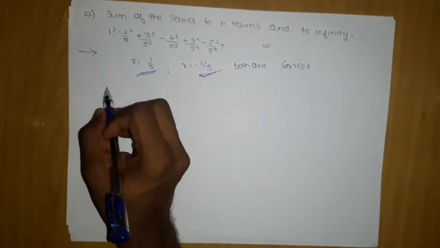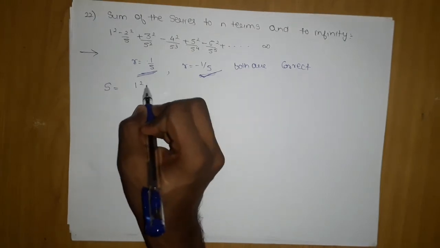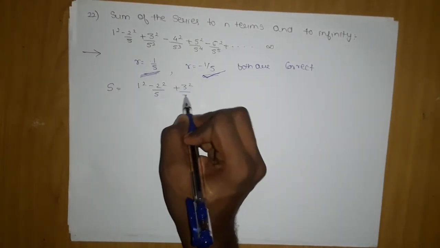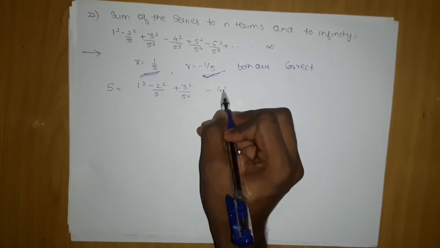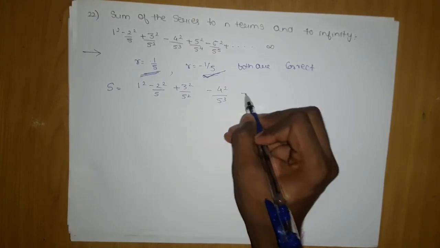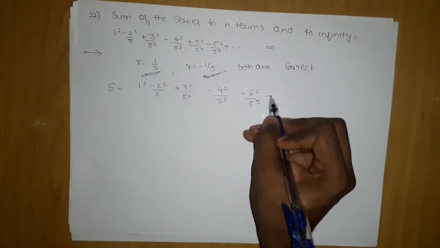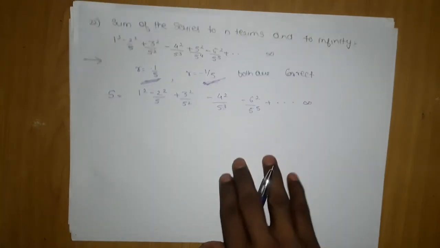So here, if I consider this as a series, 1 square minus 2 square upon 5 plus 3 square upon 5 square minus 4 square upon 5 cube minus 6 square upon 5 power 5 and so on till infinity.